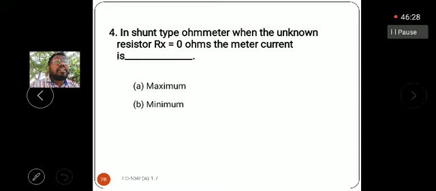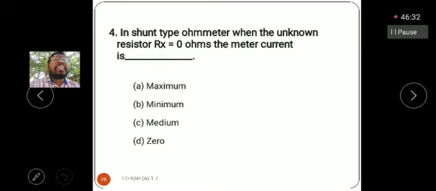And we have one more quiz related to this topic: in the shunt type ohmmeter, when the unknown resistance Rx is equal to 0 ohms, the meter current is. Whenever you are reading the question, you must observe whether they are asking the series type ohmmeter or the shunt type ohmmeter.